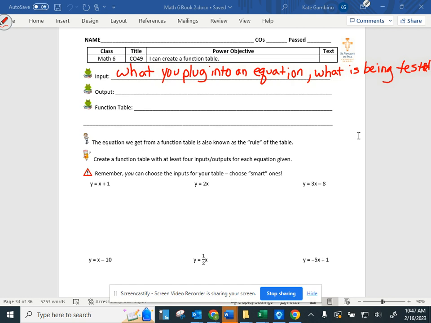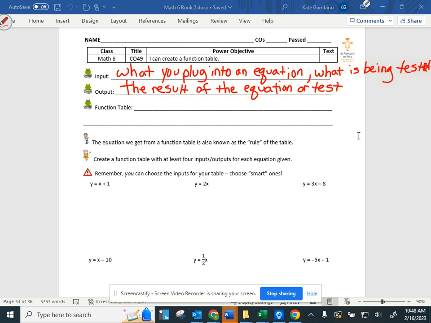You're putting something into the equation. The output is the result of the equation or the test. And we're going to see what that means in a minute when we're actually doing it. So we're going to have inputs and outputs.